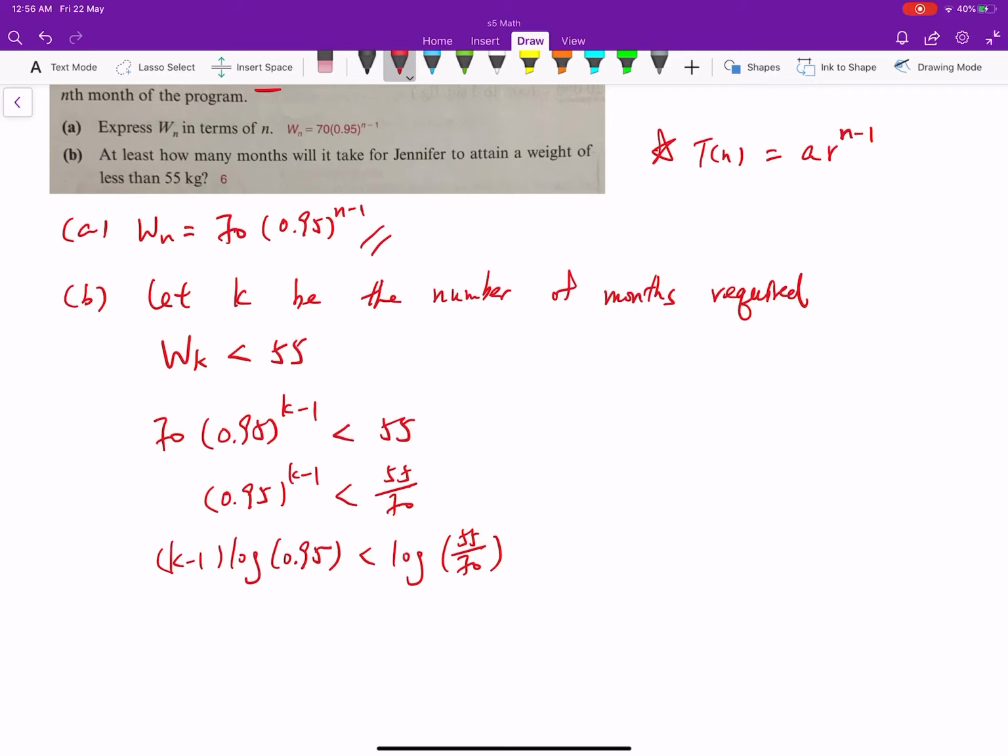And now we move the log 0.95 to the right hand side. But here I would like to remind you, because this one is smaller than 0, what will happen? Yes, you need to change the sign, right?